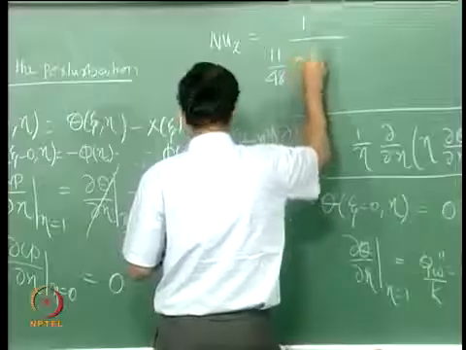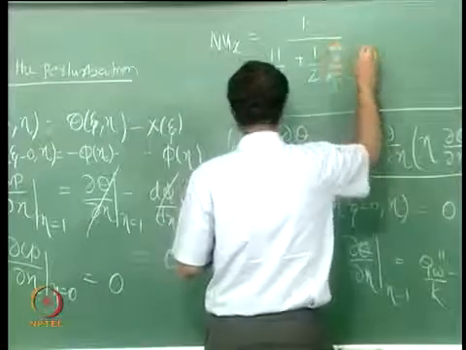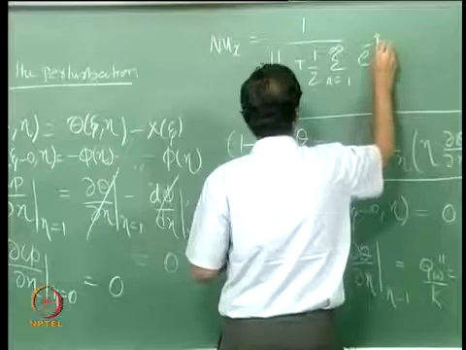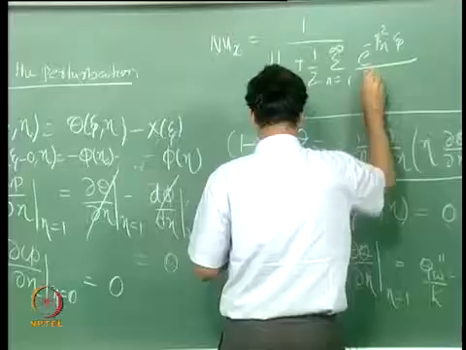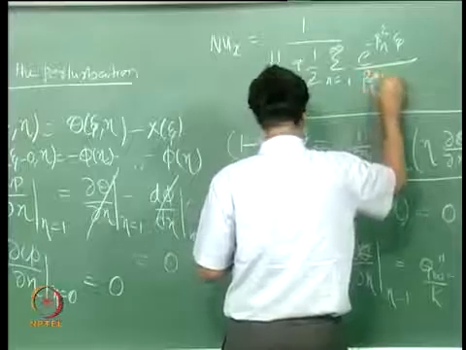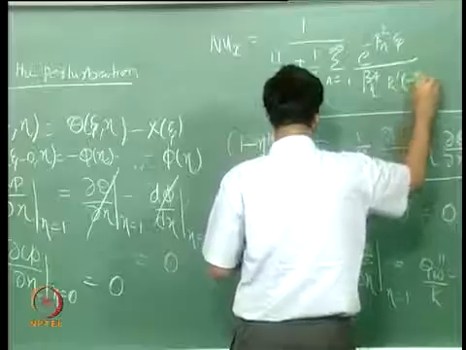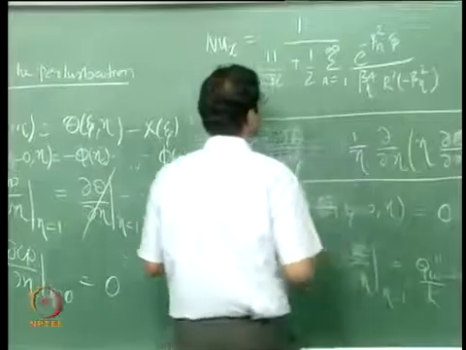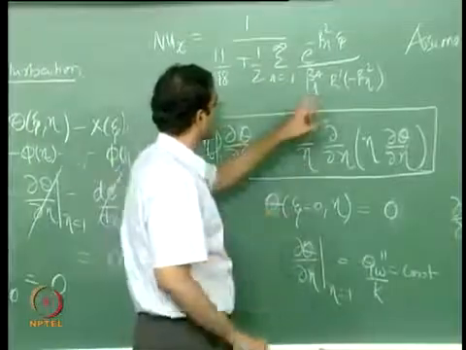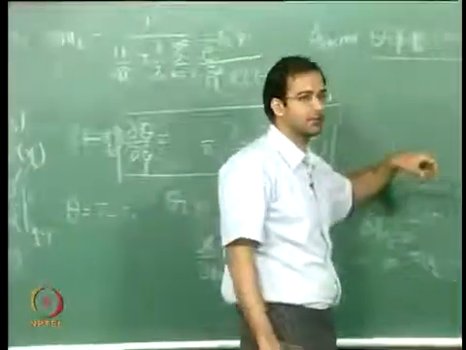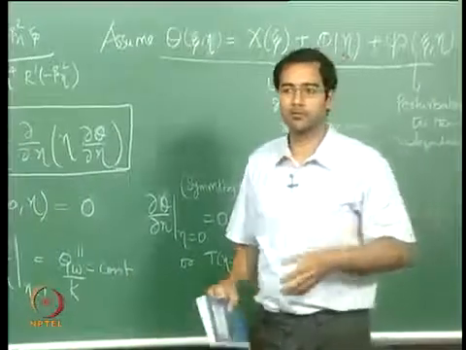(11/48) plus... Okay, so this r prime here is basically the gradient of the eigenfunction, which comes from the solution of the Sturm-Liouville problem.